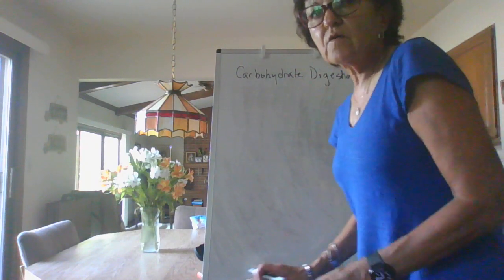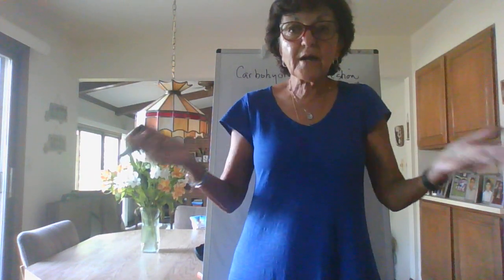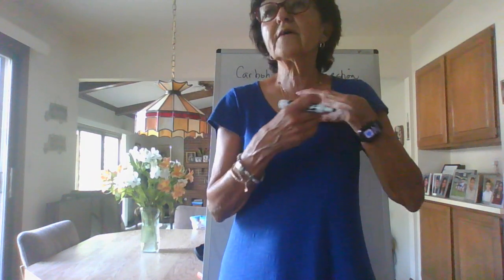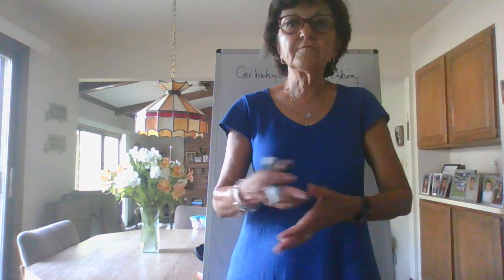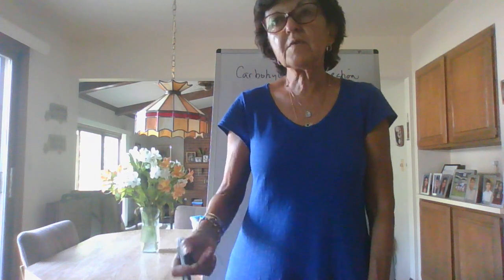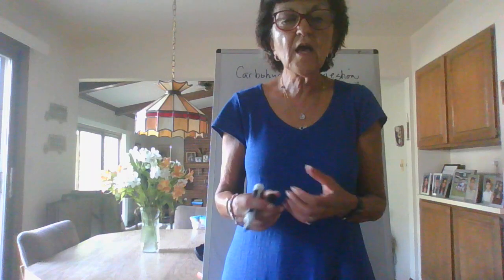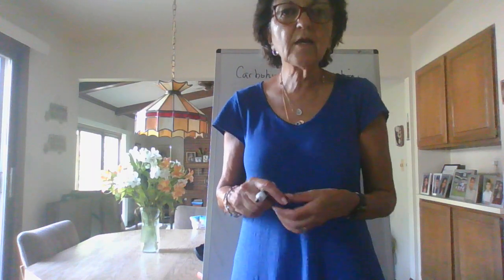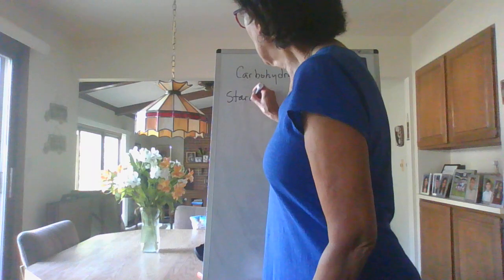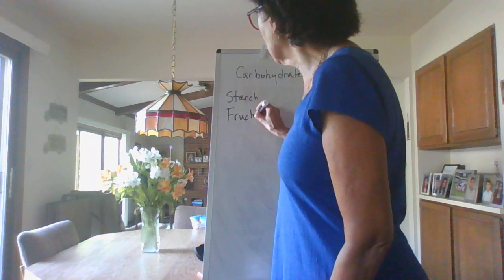All right. So what's going on with carbohydrate? Let's say you just ate breakfast and you had a bagel and some juice and a banana and maybe a bowl of cereal with some milk, okay? So you just gave your body some starch and some fructose in the banana.